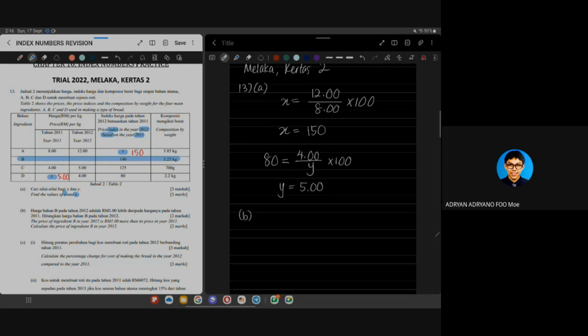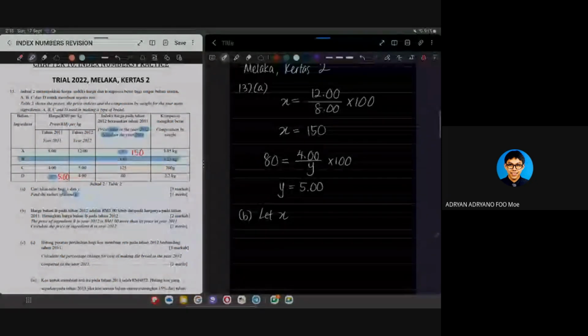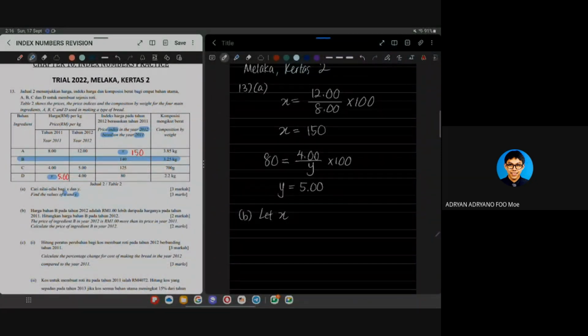So you must write this word: let. Whenever you want to use a variable, we must let. Like in your Chapter 3, system of solutions, you must let X equal to what, Y equal to what, Z equal to what. You must let us know what your X is, what your Y is, what your Z is. So same like this.